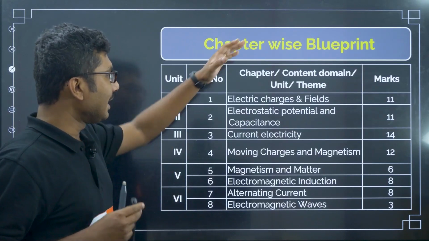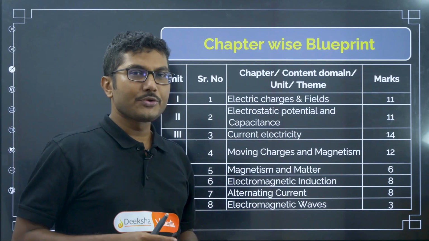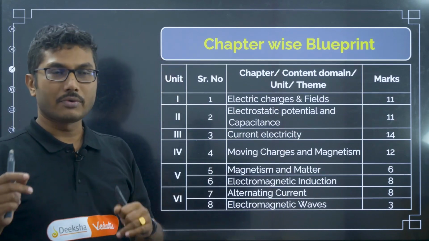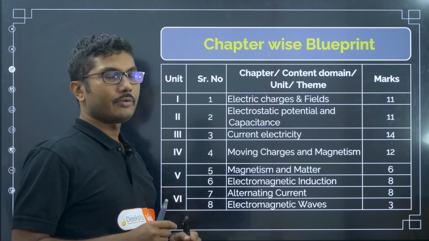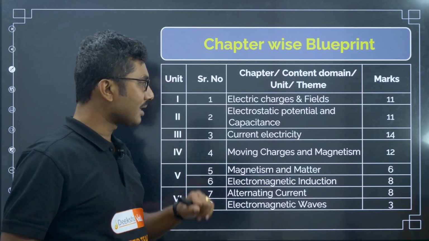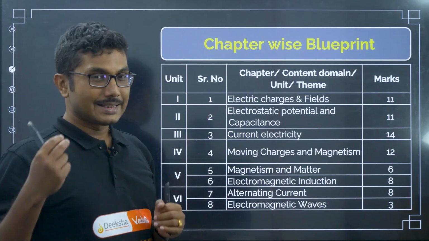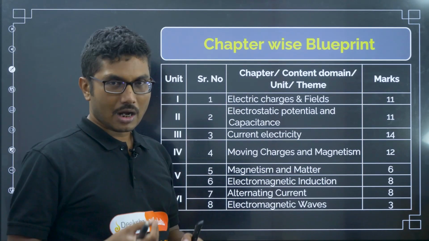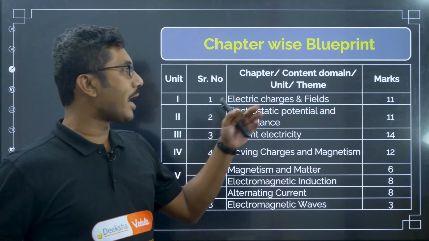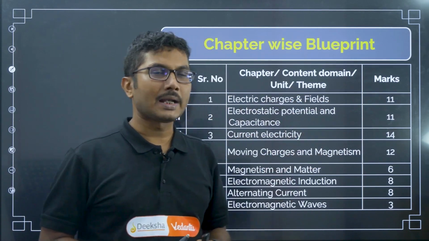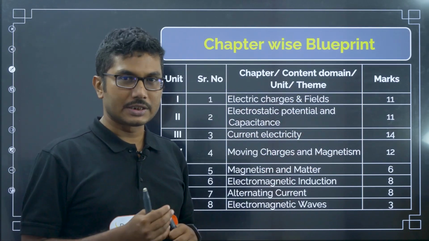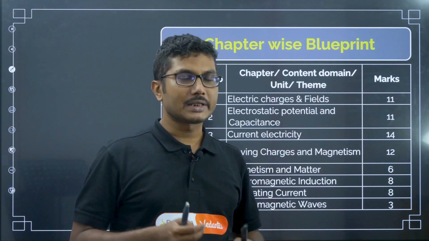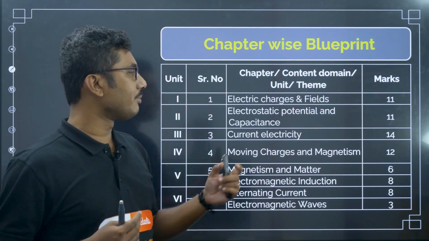Now this is the chapter wise marks distribution based on the 2024 blueprint. The exact blueprint for 2025 is not out yet, but I can say maybe plus or minus 1 will happen, otherwise there will be no major changes. All the important chapters are given good weightage in this blueprint.